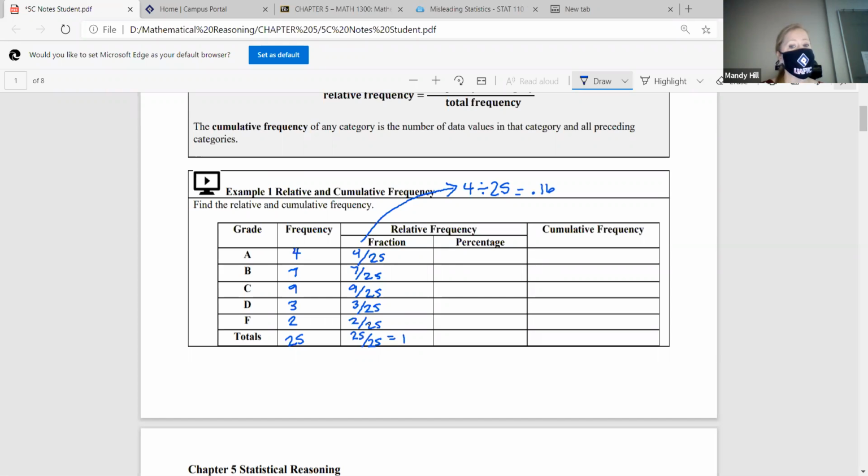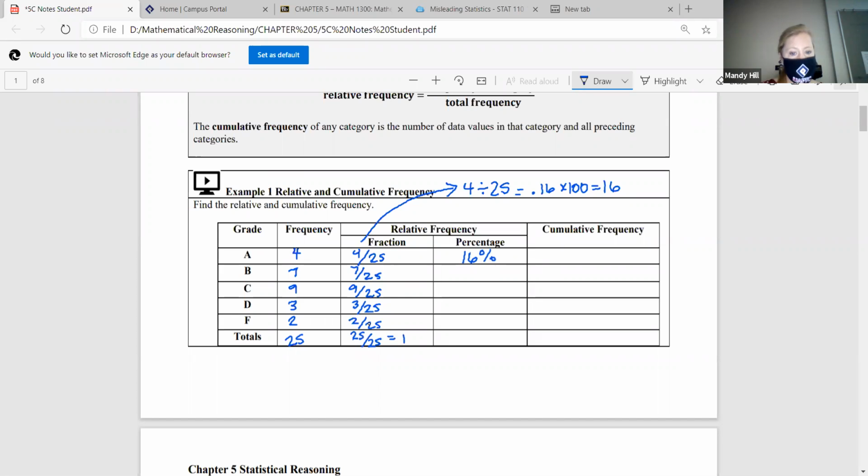Now that is a decimal, right? It's not a percentage, it's a decimal. How do you get a decimal to a percentage? Perfect. You multiply by 100, which is going to get you 16. Okay. So 4 divided by 25 was 0.16, but as a percentage, that's going to be 16%.